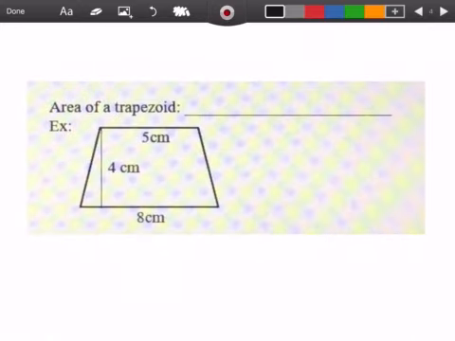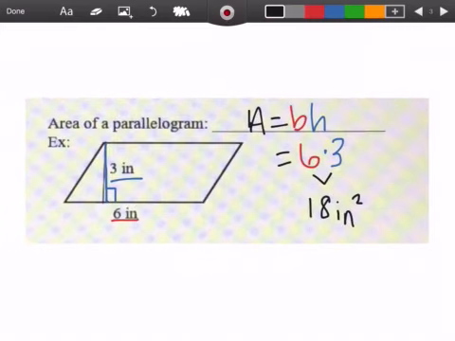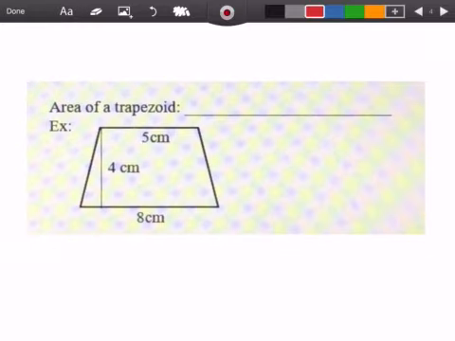Now the trapezoid is a bit more difficult because we're dealing with a shape that has 2 bases. The top and the bottom are not the same length like they are in the rectangle or parallelogram. In the parallelogram, this is 6 inches and that's 6 inches, so we're able to just do the simple base times height. In a trapezoid, we have to first find the average of the bases.